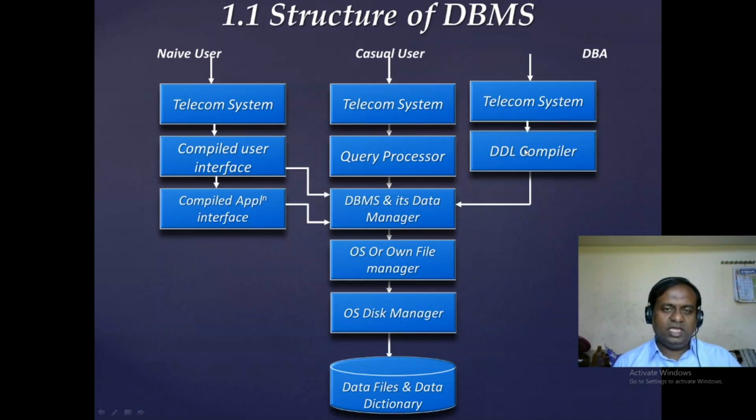Apart from that, if any other category of command is executed, like a select command or update command or alter command, that command will be given to the query processor, and the query processor will convert it into the format understood by the data manager. So what is the basic function of the data manager? The data manager's basic function is to get the command from the query processor or compiled user interface or DDL compiler.